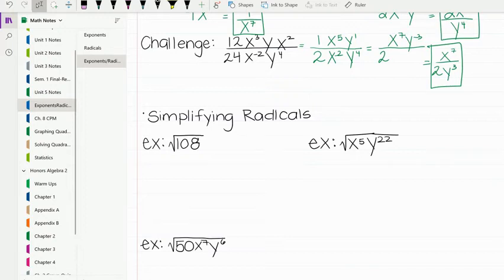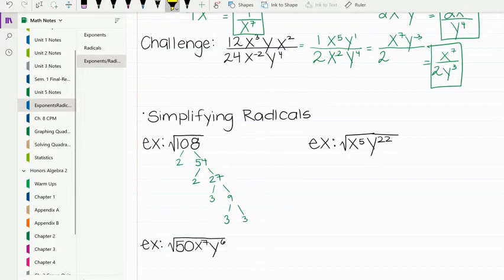So the first thing we want to do with this 108 is start branching, right? We talked about different ways to do this, so it's whatever way works best for you. I'm going to do 2 times 54, and then 2 times 27. 2 doesn't go into 27, so I'll do 3 times 9, and then 3 times 3.